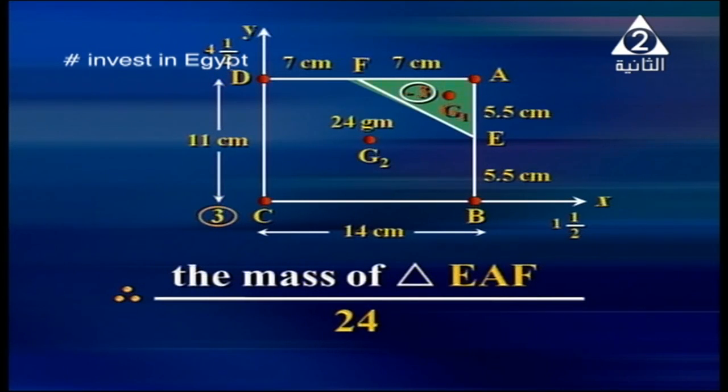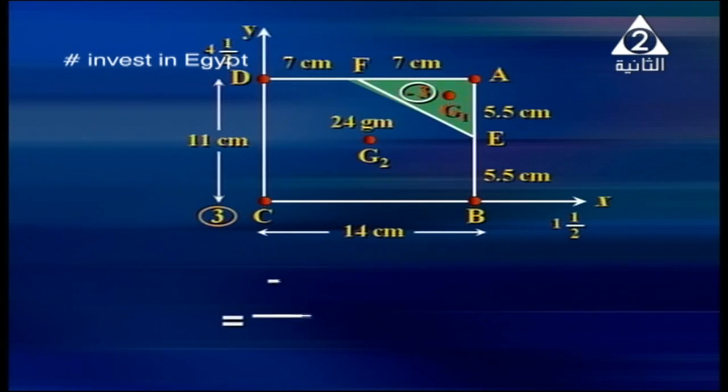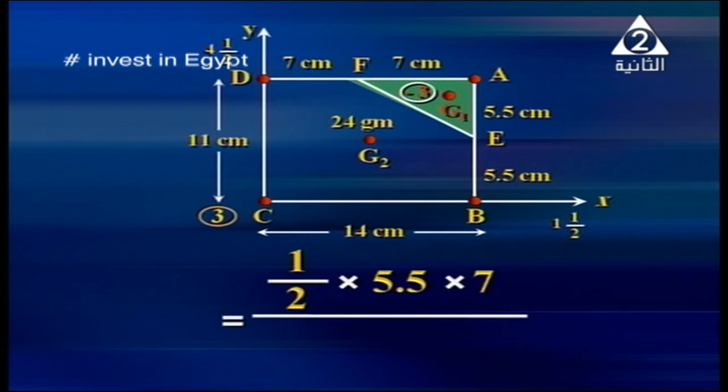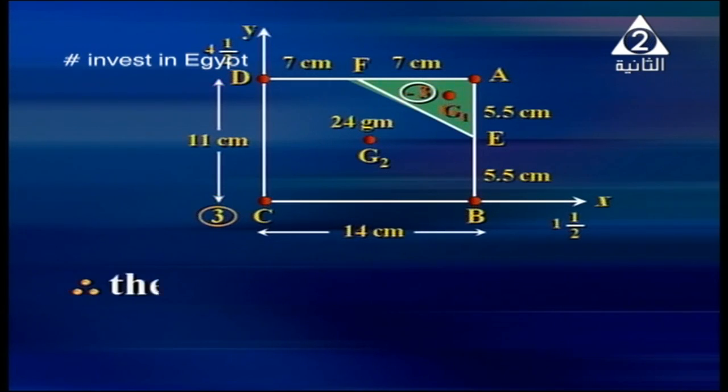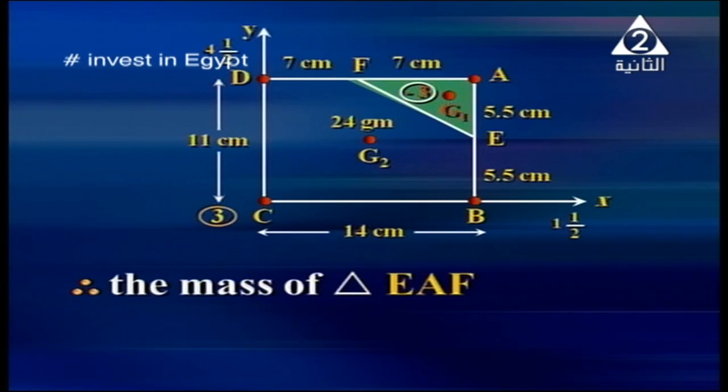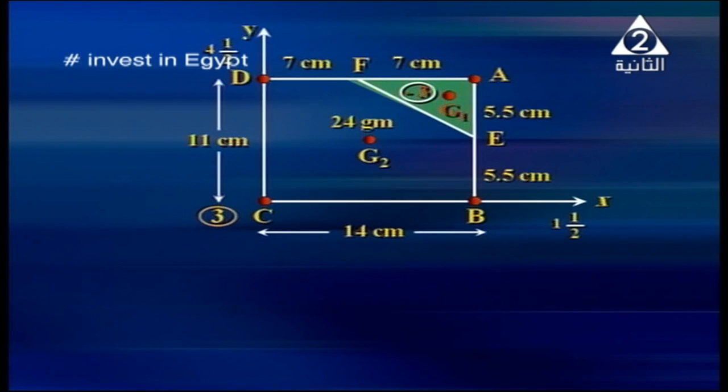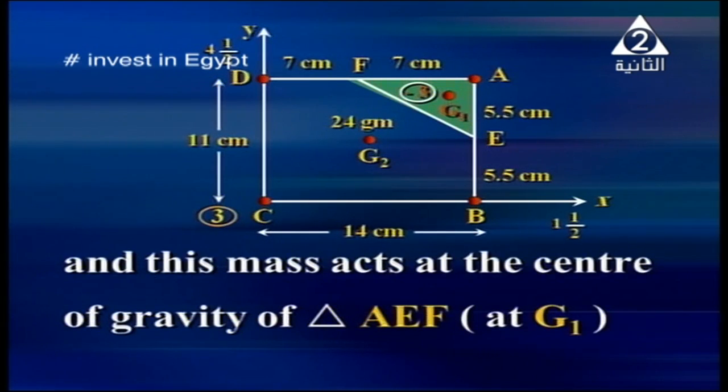Then the mass of triangle EAF over 24 equals the area of the triangle, half base times height, over the area of the rectangle, 11 times 14. By using cross multiplication, the mass of triangle EAF equals 3 grams. And this mass acts at the center of triangle AEF at point G1.